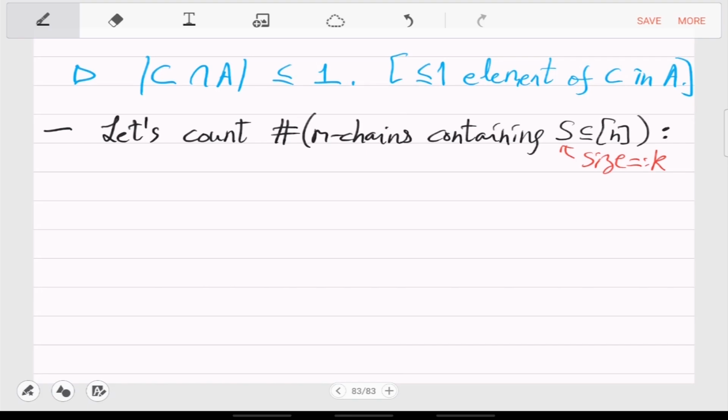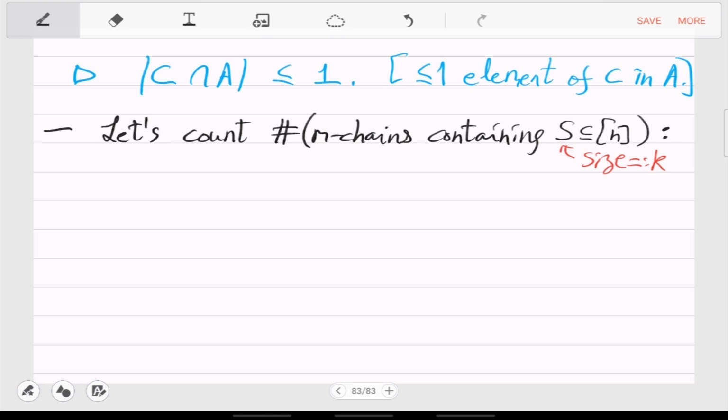How many maximal chains are there containing a subset of size k?